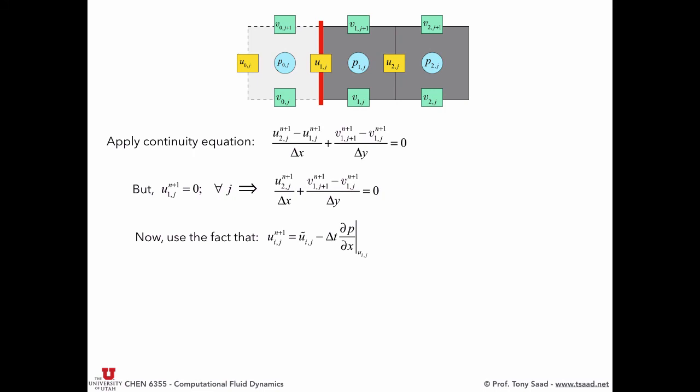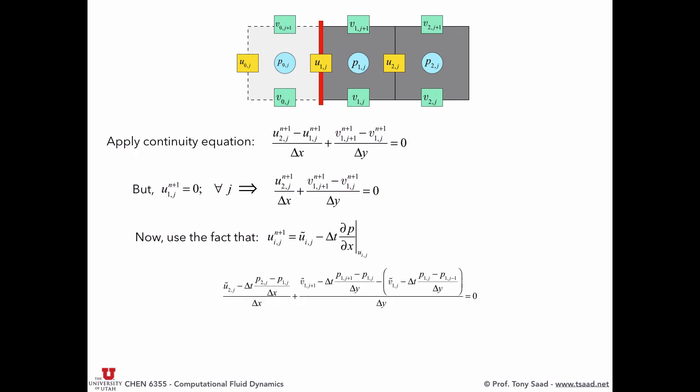So for any uij, this dp/dx lives at uij. In other words, we have u2j here, so we're going to be doing a dp/dx over here. And for these v's, we're going to be doing dp/dy and dp/dy. Okay? So let's take this and substitute it over here.